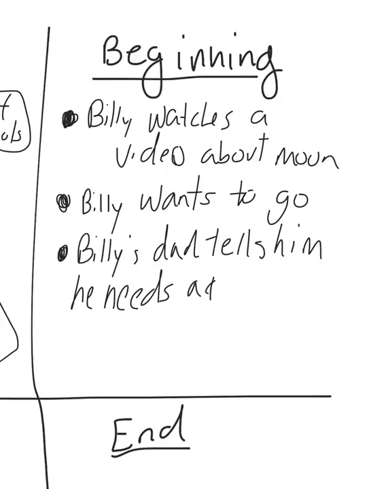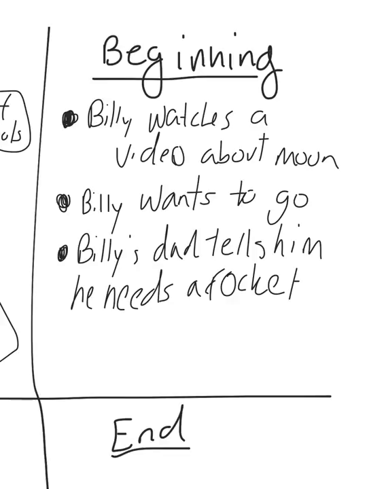So that's the beginning. We haven't really even gotten to the problem of Billy not knowing how to build a rocket, but it does set us up for why Billy wants to go to the moon. We will introduce Billy, the character, and explain what it is that he wants.